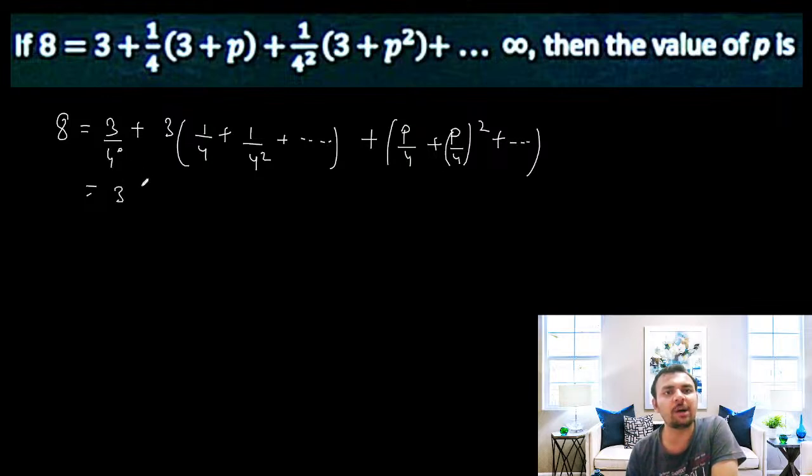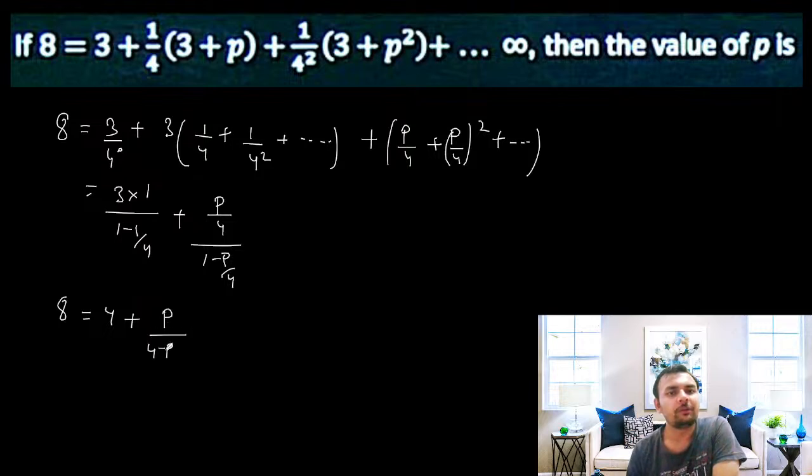So it is 3 common, 1 upon 1 minus r, and we have p by 4 upon 1 minus p by 4, which is 8. So 8 is equal to nothing but 4 plus p upon 4 minus p. It is nothing but 4 into (4 − p) equal to p, which is nothing but 16 − 4p = p, 5p = 16, so 16 by 5 equal to p. So this is one of the options.